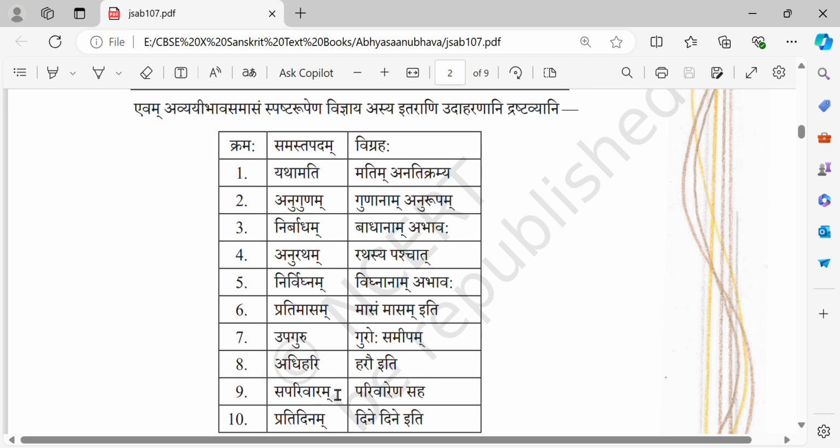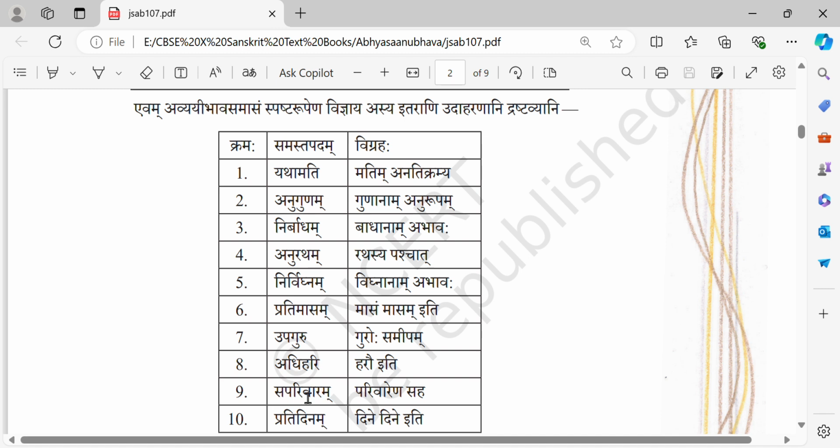Adhihari, harau iti. Now, adhi is used in the sense of in Hari, in Indra, in Krishna, in Vaikuntha. Vaikuntha iti adhi Vaikuntham. Adhihari, harau iti adhi.